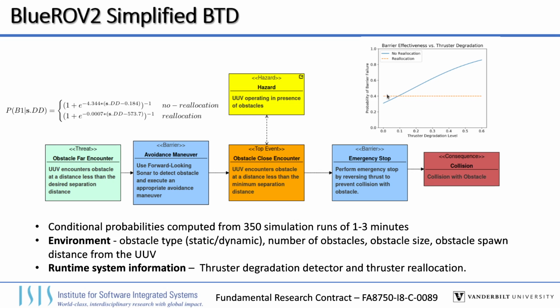That indicates that even as the thruster degradation level goes up, as long as we reallocate and adjust for it, we can keep our probability of barrier failure relatively constant. And I should mention these equations were fit from a total of 350 simulation runs, each run consisting of approximately 1 to 3 minutes.